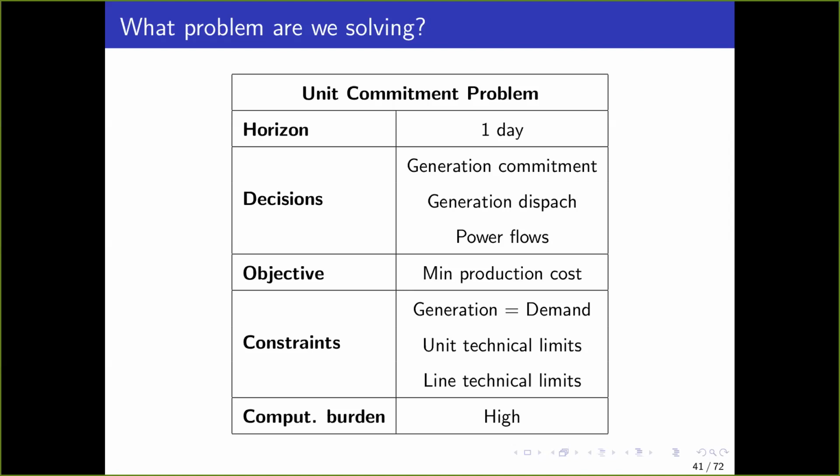Our objective is to minimize the production costs, and the constraints are similar to the previous problem. We have to make generation equal demand, and we have technical limits of generating units and transmission lines. The computational burden of this problem, even though the time horizon is just 1 day, is also very high, and the reason is that we have binary variables.